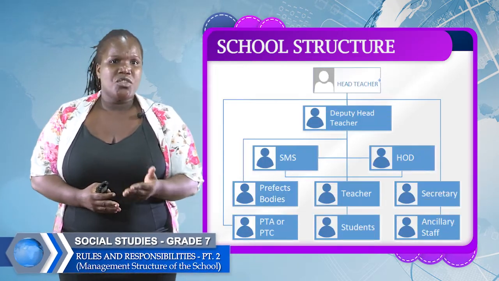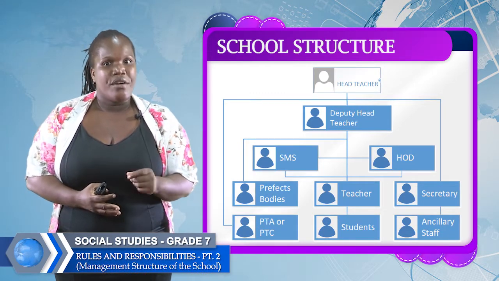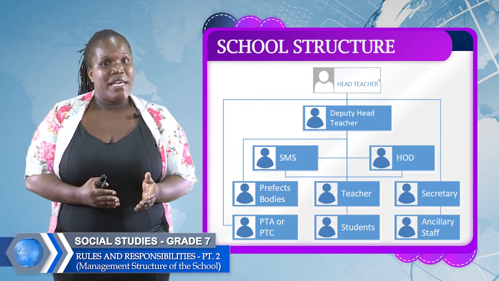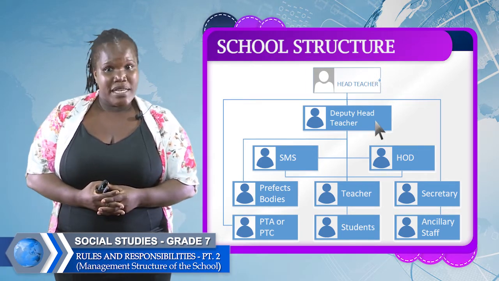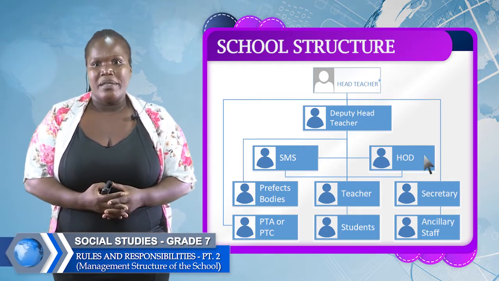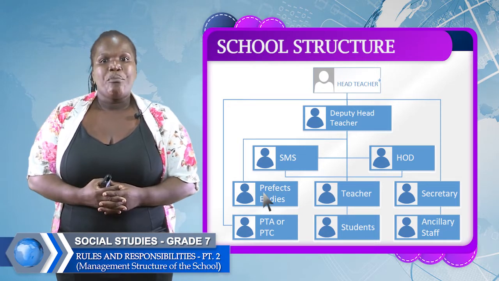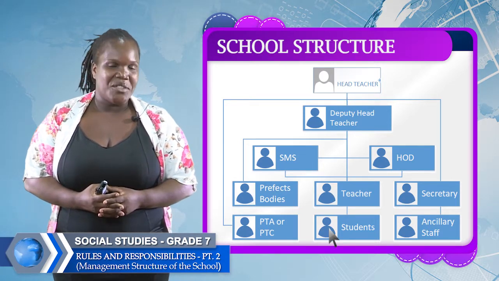The illustration shows members of the school family in the order of their authority. We have at the top the head teacher, deputy head teacher, senior master or mistress, head of department, teachers, prefect body, secretaries, students, etc.